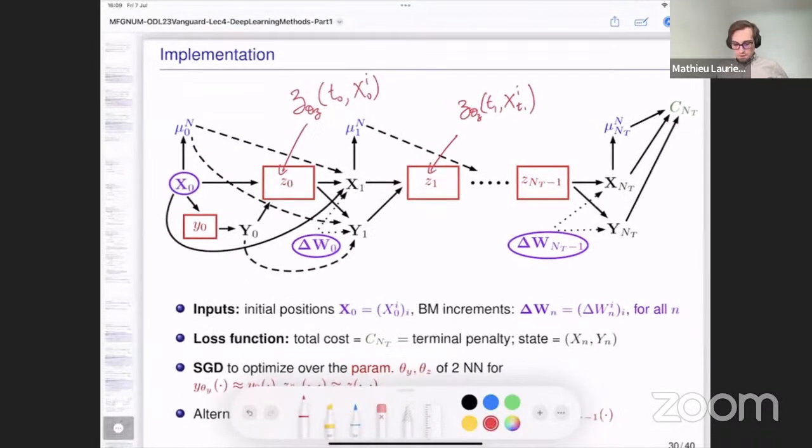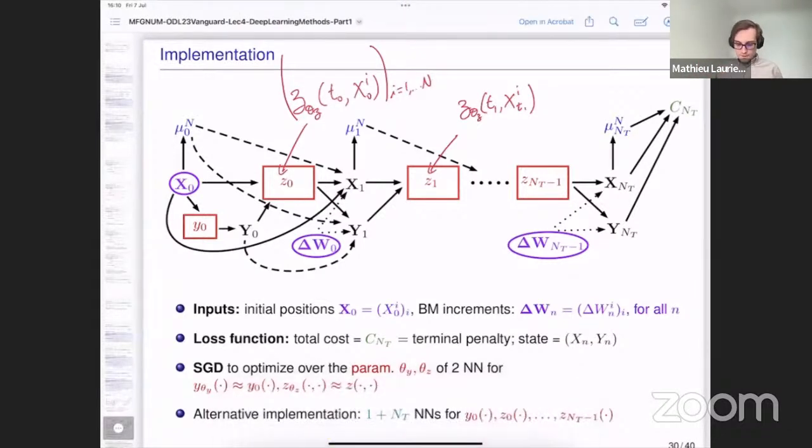In the code I'm going to show next, this should be a vector for i equals 1 to n. But you don't need to apply the neural network coordinate by coordinate for different xi. This is done automatically: TensorFlow automatically applies the neural network on each coordinate. This is what happens when you have a batch of samples. You can apply the neural network directly to the whole batch at once.